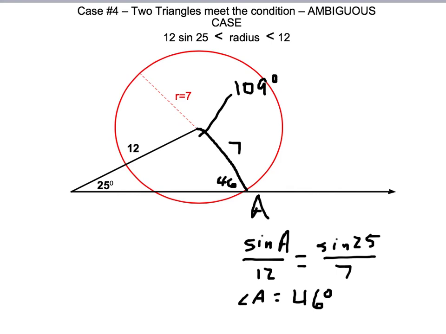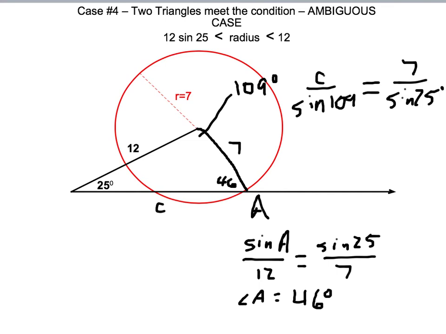And so now we can go through our law of sines one more time and say, well, let's just call this side C. Now, we would go C over the sine of 109 degrees equals, now let's go back to the part that we knew and go with 7 over the sine of 25.